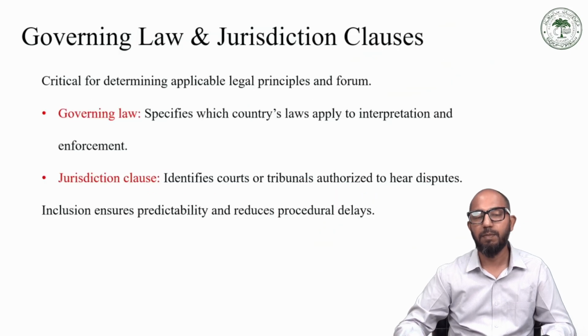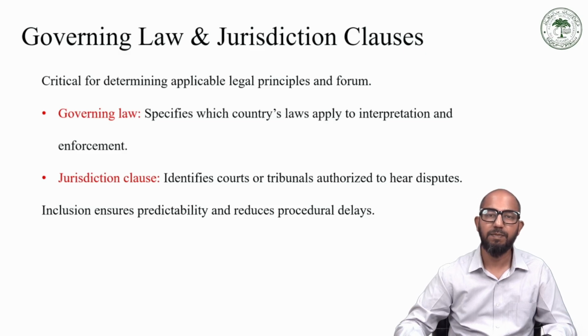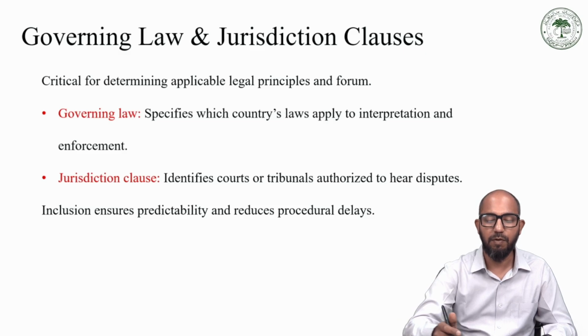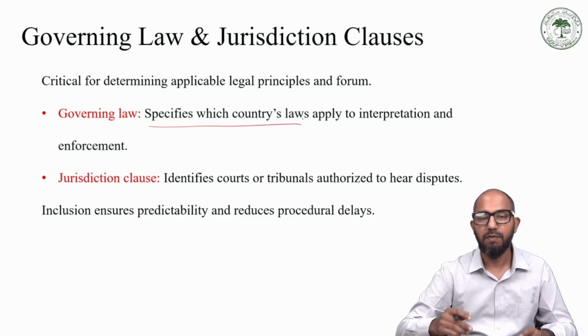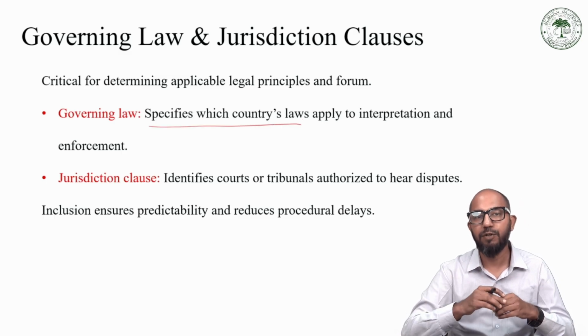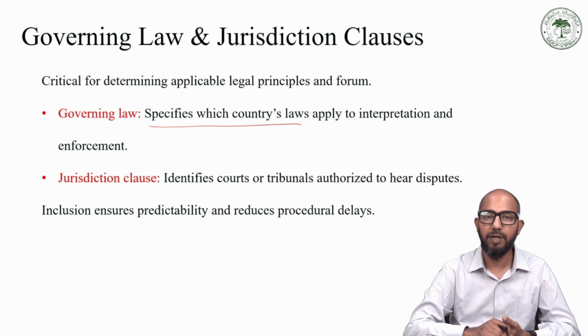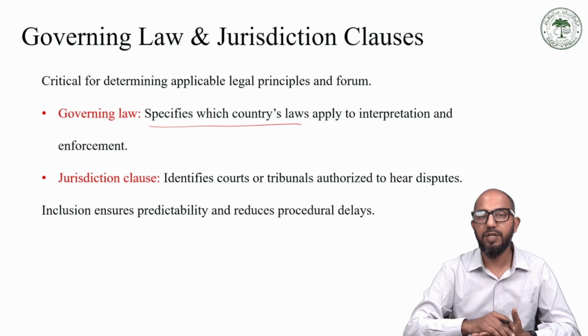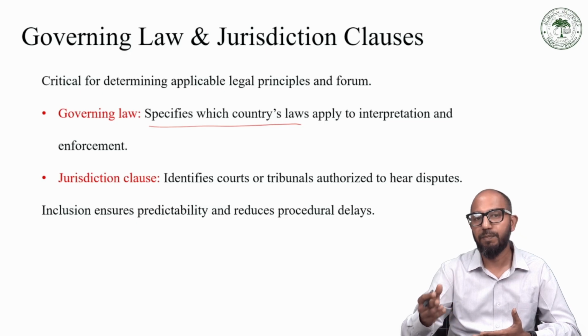Let us now talk about the governing law and jurisdiction clauses. The governing law and jurisdiction clauses are critical for determining applicable legal principles and forum. The governing law specifies which country's law applies to interpretation and enforcement. We all know that in international trade, two countries are participating: one country belongs to the exporter, another country belongs to the importer.